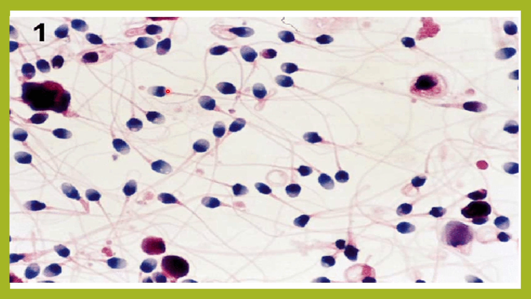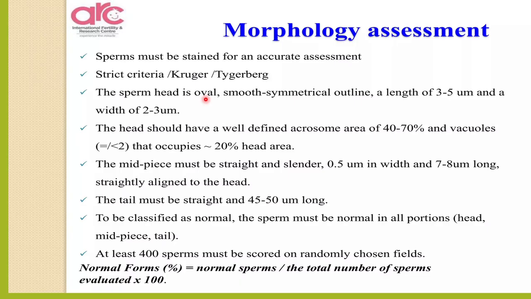Here you will see that this is the acrosomal area which is stained pale blue, this is the nuclear area which is dark blue, this is the mid piece which is slightly reddish, and this is the tail which takes a reddish and bluish tinge. So for the morphology assessment, the staining has to be done properly to assess the morphology correctly, and we have to follow strict criteria. There are various criteria to say that these sperms are normal and these sperms are abnormal.